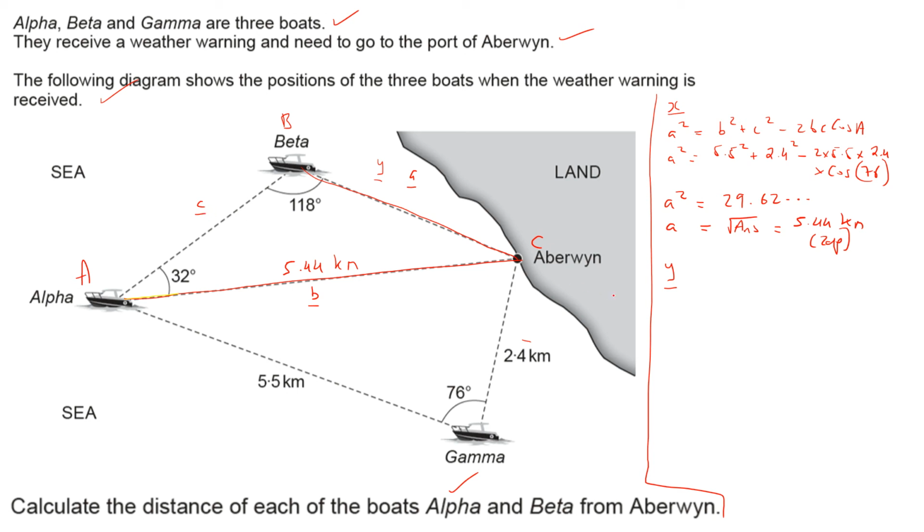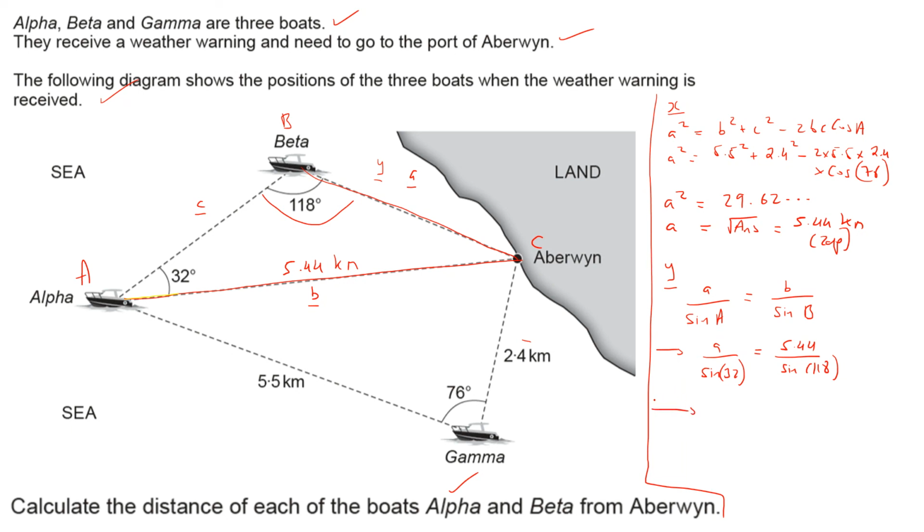But actually, I can use the sine rule here from previous lessons, because I could write down A over sine A. I want to find A. I've got a matching pair, B and sine B. So A over sine 32 degrees is B, which is 5.44, I just found it, over sine 118 degrees.